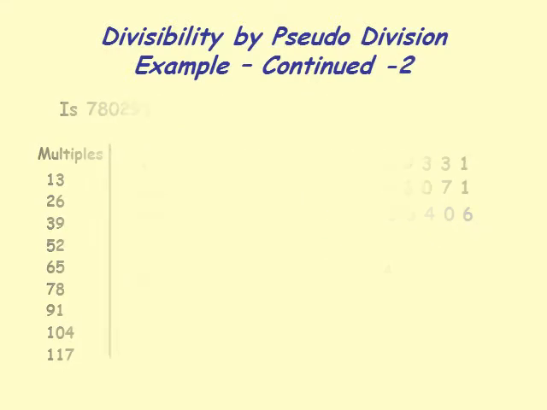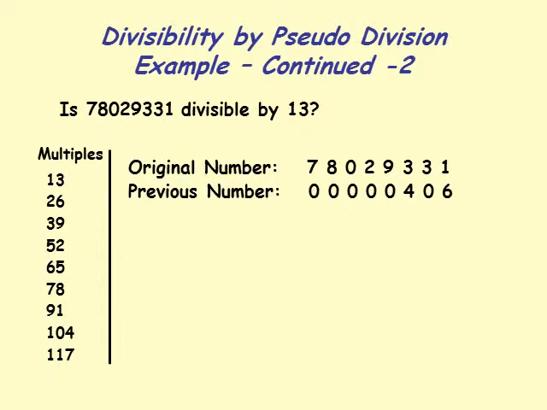Let's continue with the example. Here's my problem: is 780293331 divisible by 13? Here's my cheat sheet, multiples of 13. This is the original number, 780293331. This is the previous number, the number we ended up with on the last slide. Subtract 30.